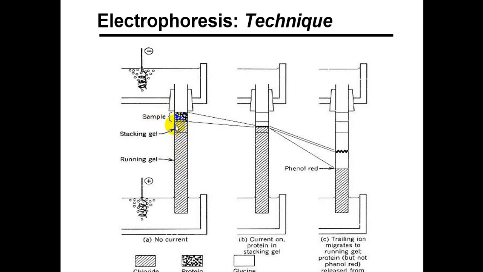So this one, the stacking gel, is just supposed to inhibit the movement of the sample or the particles in the sample. So the bigger particles in the sample will even move through the stacking gel.